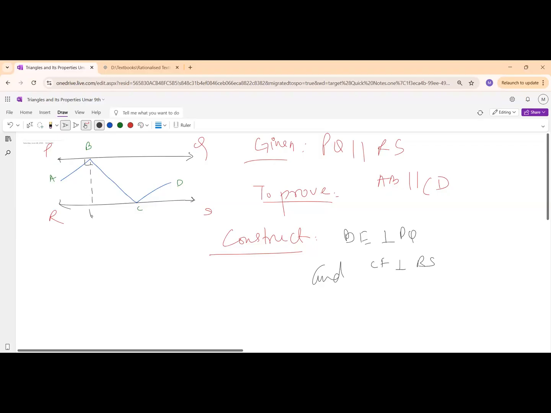This is E, and draw from here a perpendicular CF, that is also 90 degrees. Now again we have to apply the same thing: angle of incidence is equal to angle of reflection. Name this as angle 1, this is angle 2, this is angle 3, this is angle 4.